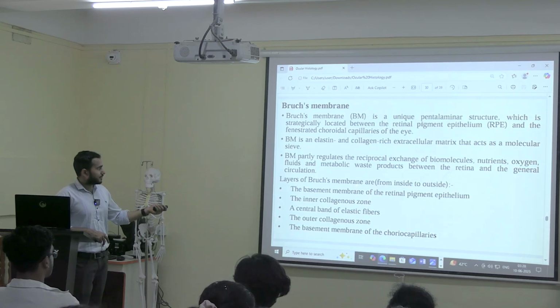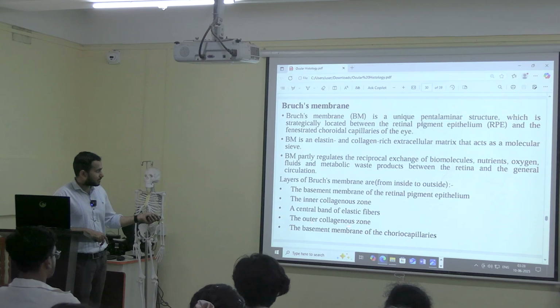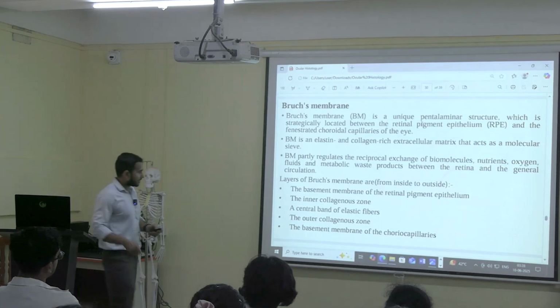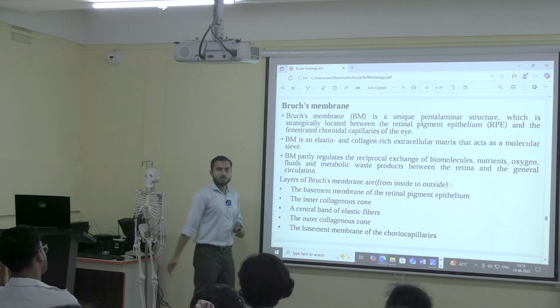So if you see the layers of the Bruch's membrane from inside to outside, the basement membrane is there, which is of the retinal pigment epithelium. Next, inner collagenous zone, central elastic fiber, again outer collagenous zone, and basement membrane of the choriocapillaries. This particular choriocapillaris is part of the choroid.